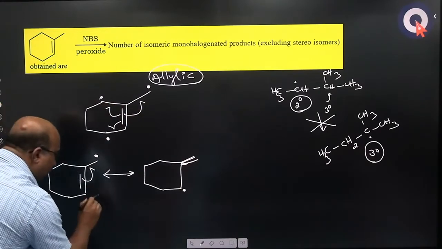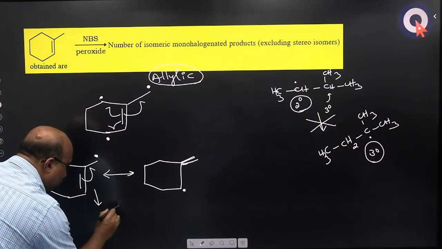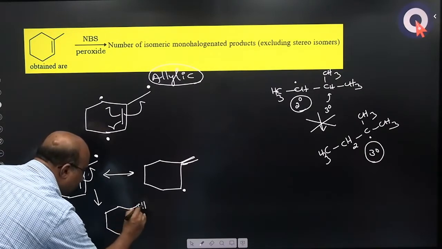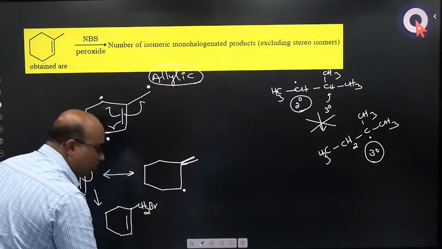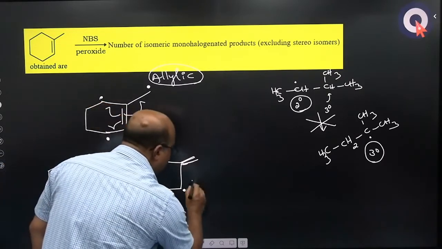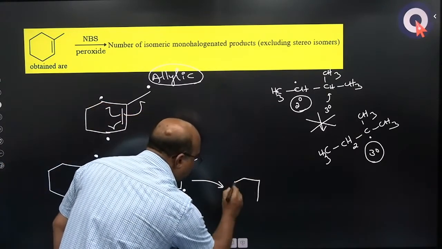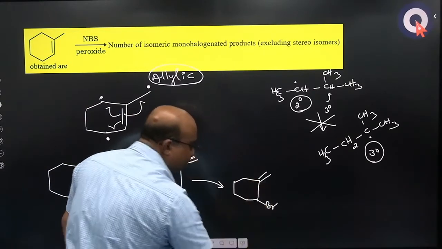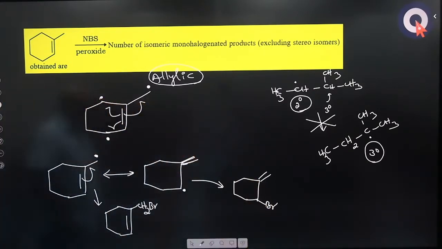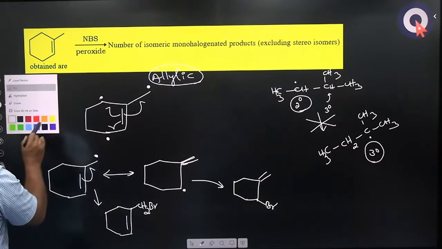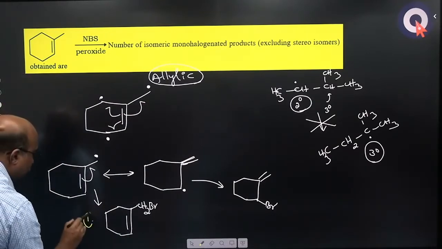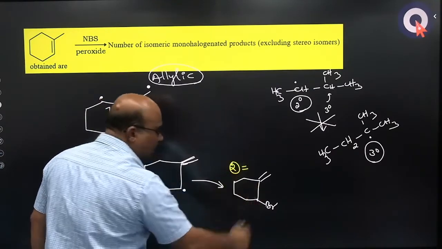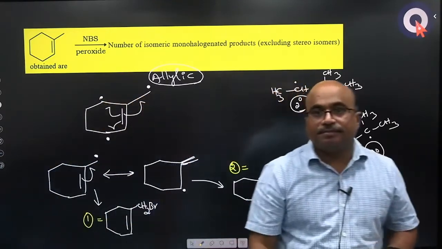This converts into Br, a bromination process, and you can get this compound, with the double bond here. So let us say this is compound 1 and this is compound 2. We will compare later whether the compounds are the same or different.